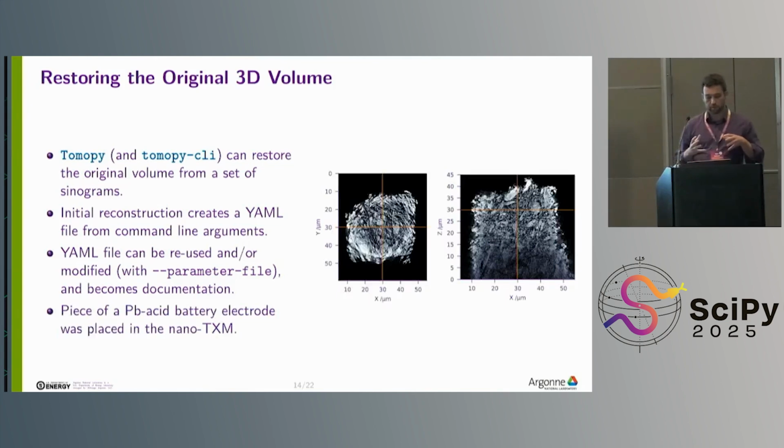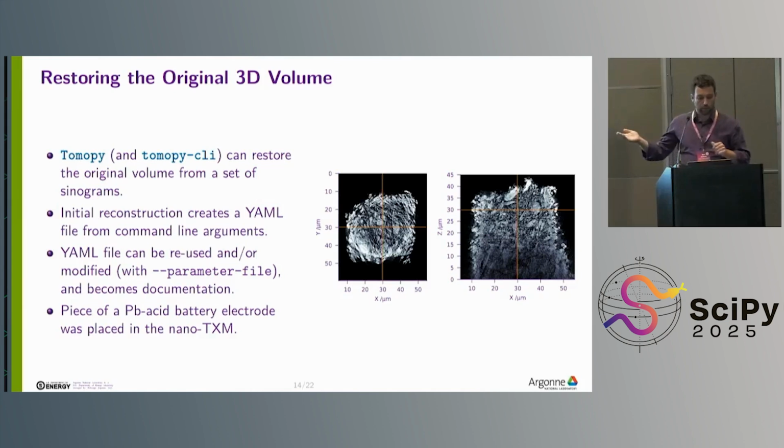So we did this with some lead-acid battery electrode material. Lead-acid batteries are receiving some renewed attention, especially for grid storage applications where you don't care so much about weight, you care more about cost and safety.